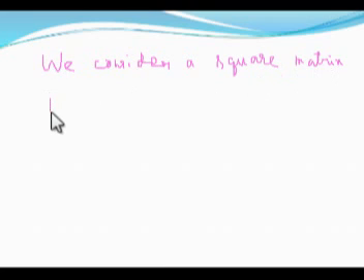Like A is a square matrix of any order. I'm taking order n. So it can be in this form.